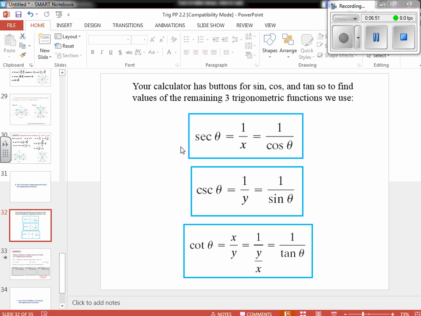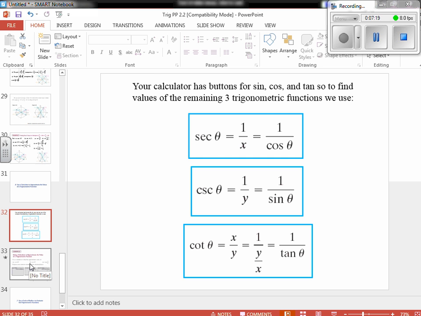For secant, we know that secant's the reciprocal of cosine, so we would just put 1 over the cosine value. If you were using your calculator to determine the cosecant of theta, we would put 1 over the sine of theta. And cotangent, of course, is just 1 over the tangent of theta, or the x value divided by the y value. So write these down to be able to use them in the calculator.